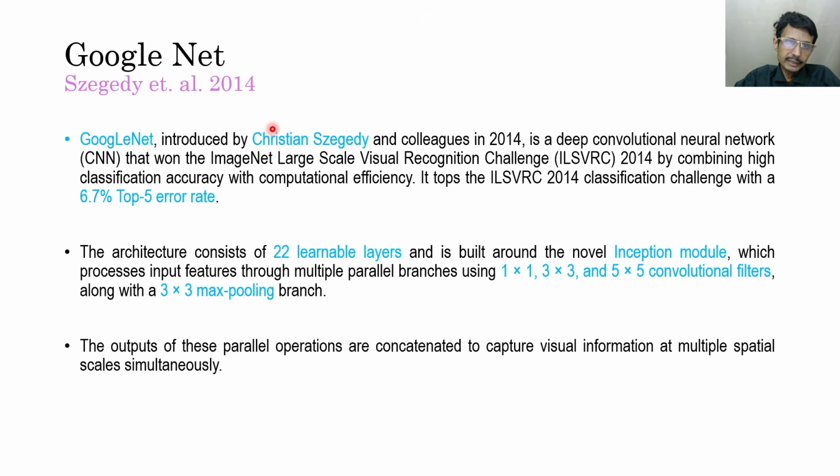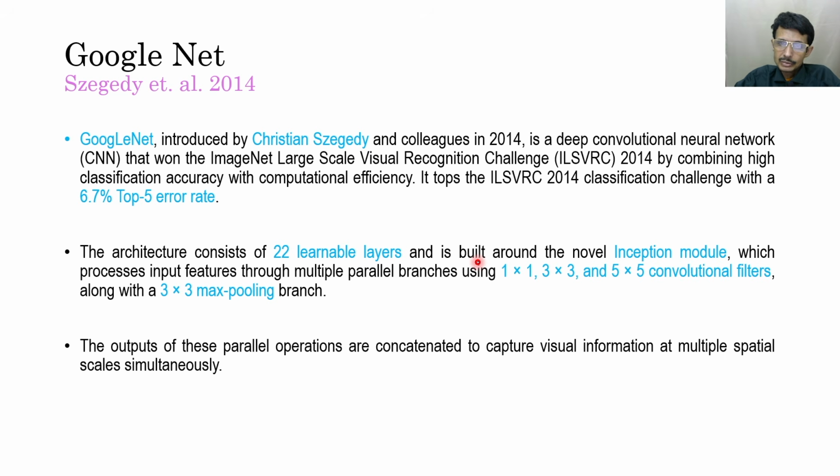This architecture, the GoogleNet architecture, consists of 22 learnable layers and is built around a novel inception module. Why do I say this? Because in GoogleNet there is some innovation that is very relevant to image processing or computer vision tasks, specifically the recognition task.